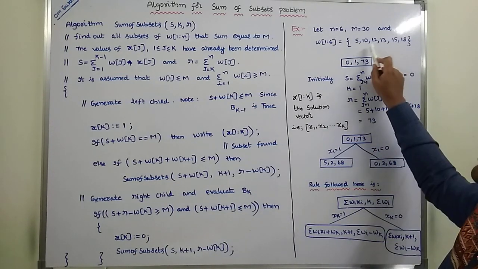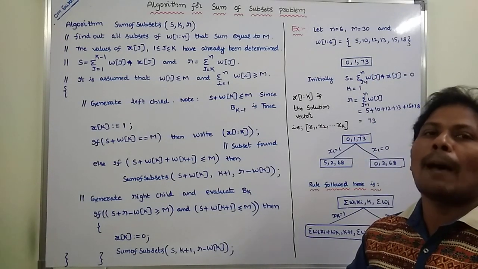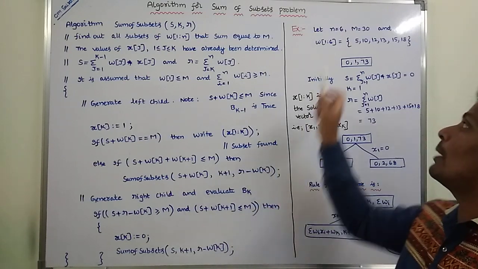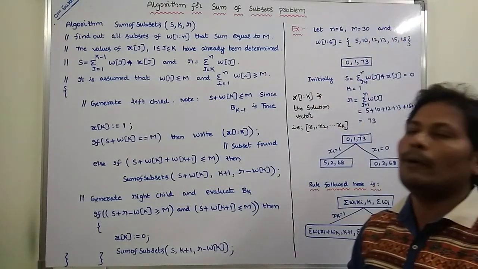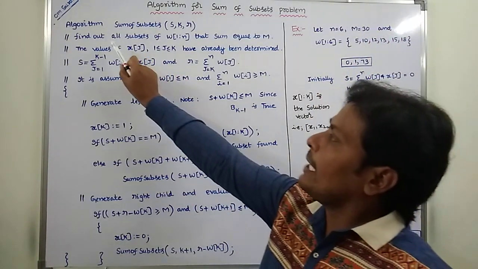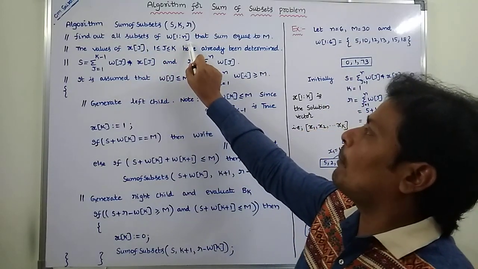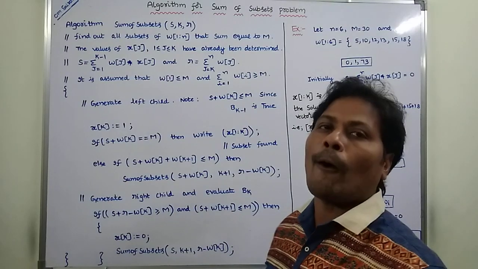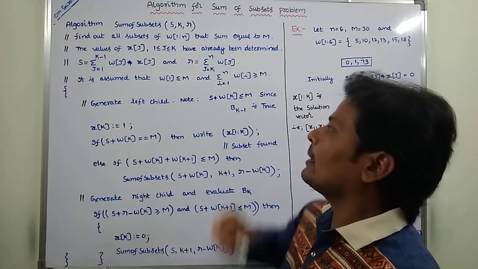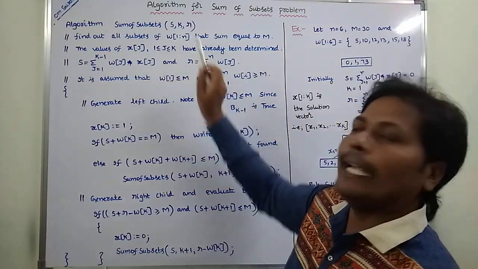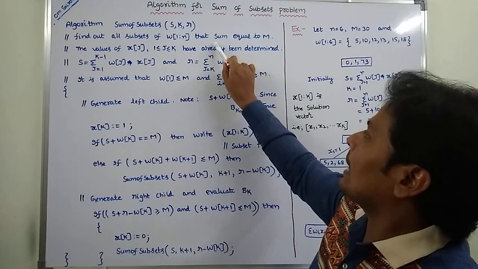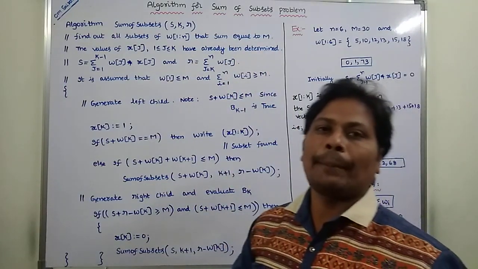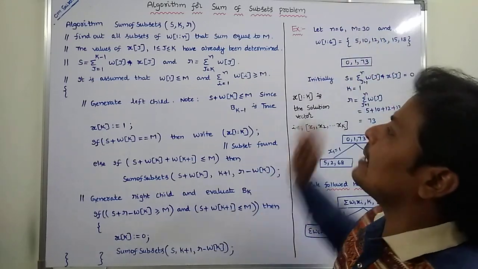Whatever weights we consider, the sum of those weights is equal to capital M. Next, find all subsets of W of 1 to n, starting from 1 and ending with n, whose sum is equal to capital M.